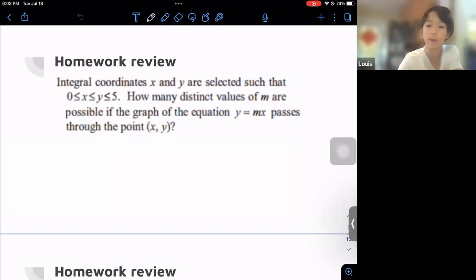So for homework review, I would like to have one of you guys do it. So if someone wants to share their solution that they did in homework, go ahead. Anyone want to share the solution about this homework review?